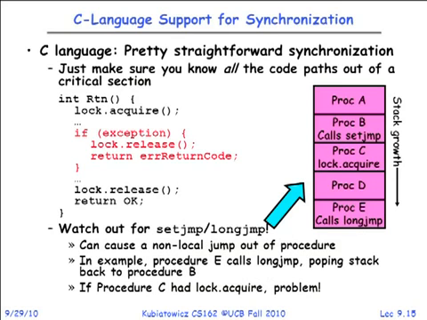Anybody here ever use set jump or long jump? Yeah, so you're kind of a dying breed. But the thing about set jump and long jump, and this is back in C, before C++ made this all cleaner, you could do something like this where A calls B calls C calls D calls E, and B says something called set jump, which is really setting up a pointer to this stack frame, and then C, let's say, acquires a lock, and then you get down to D, and then E causes an exception, whatever that is, and it calls something called long jump, which really just throws out this amount of stack and restores you back to where the set jump was.